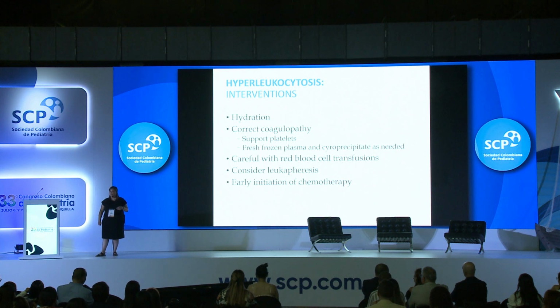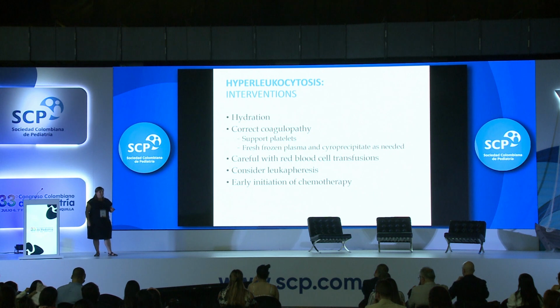We are very careful with red blood cell transfusions because in this phase of hyperleukocytosis, you can increase your risk for increased viscosity. We consider leukapheresis when the white blood cell count is very high or in unstable patients. And then we also consider a very early initiation of chemotherapy, which can help decrease the white blood cell count quickly.